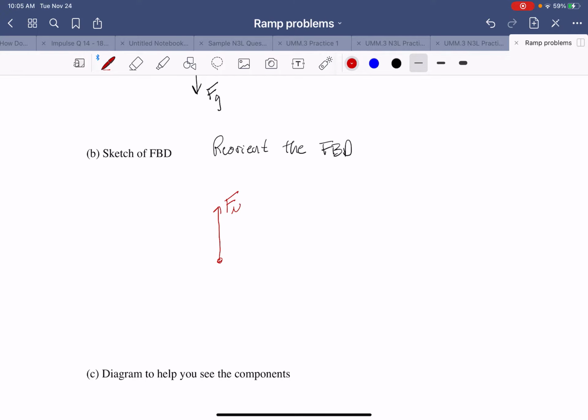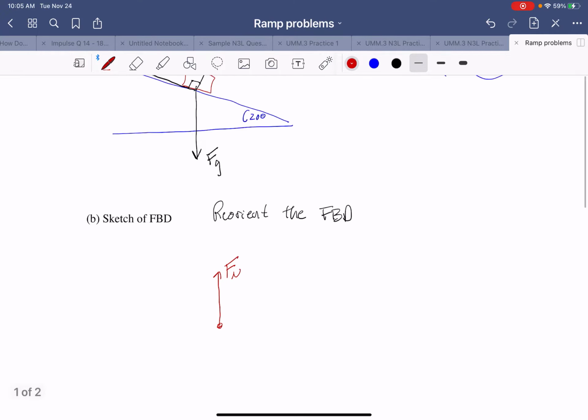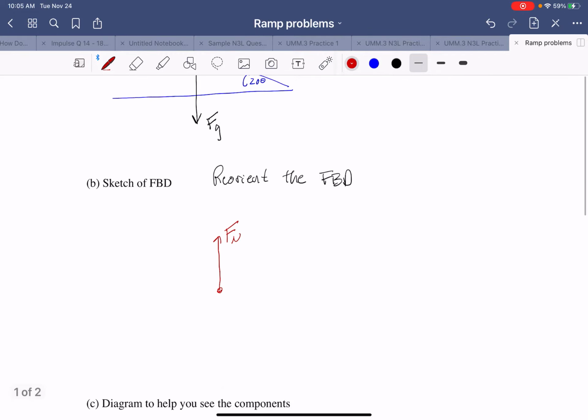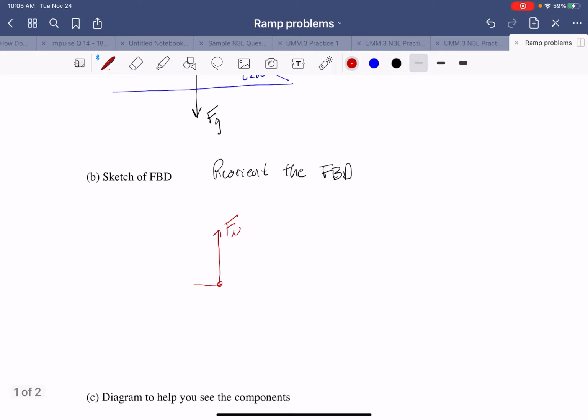So I have taken my free body diagram and rotated it this way. The normal force is up, so the friction force is now 90 degrees from that, which means the friction force is going to be horizontal. And now I've rotated my gravitational force 20 degrees, so my gravitational force is down at an angle.